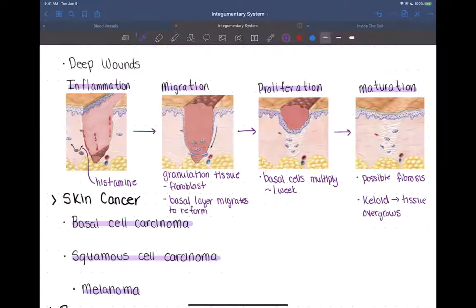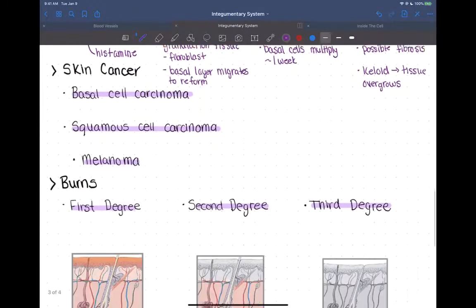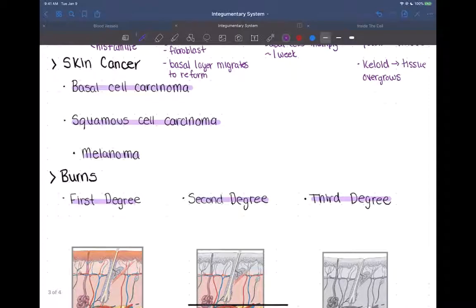Okay. So now let's talk about types of skin cancer. Okay. And so we're going to talk about the 3 types of skin cancer, kind of what cells they originate from and how severe they are relative to each other. Okay. So we're going to start with a basal cell carcinoma.